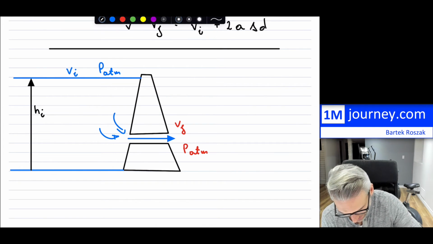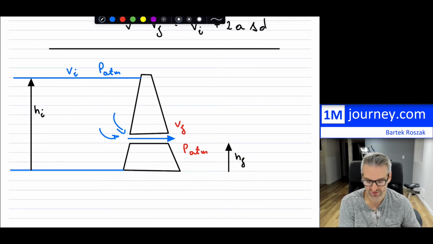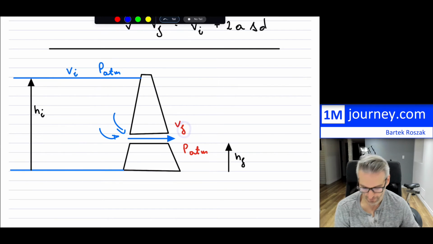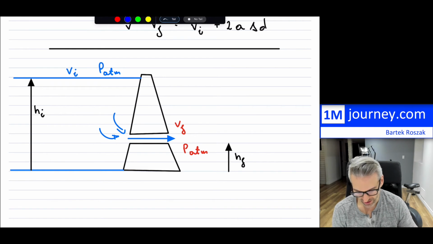And then we have, of course, our final height, which is going to be right there. I'm going to call it just F for the final because I designated this as my final speed right there. So we do have a difference between H1 and H2 that you're going through.